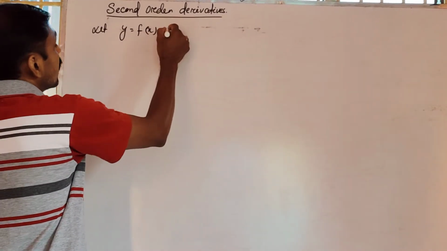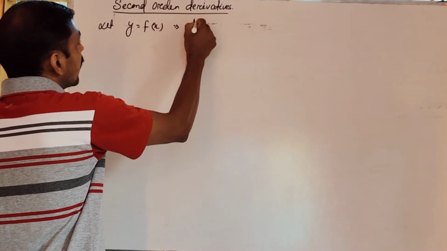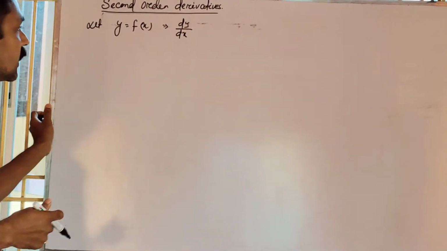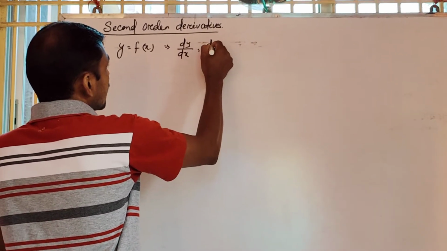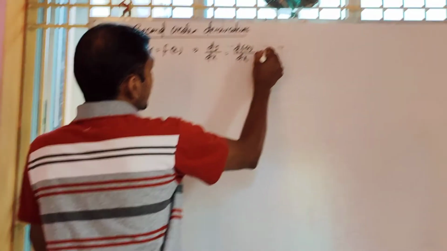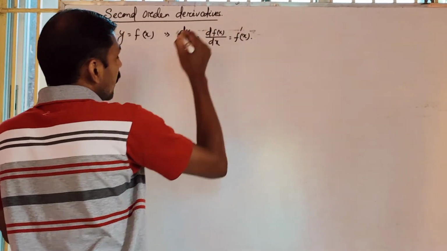Then, if we find the derivative of y with respect to x, dy by dx, then on the right hand side we are writing the derivative of f of x with respect to x, and this is also denoted as this.